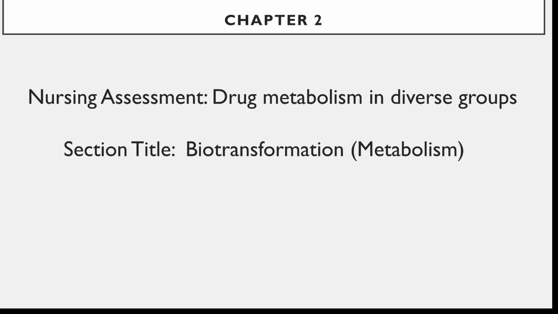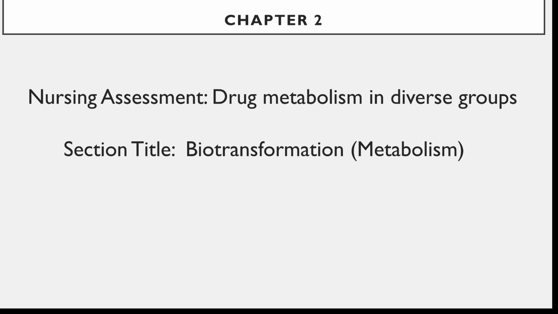Under the title biotransformation, which is another name for metabolism, you may want to spend a little extra time reading this section if you're not understanding that certain drugs, and you have to make now a clinical judgment based on what you're learning in your assessment.